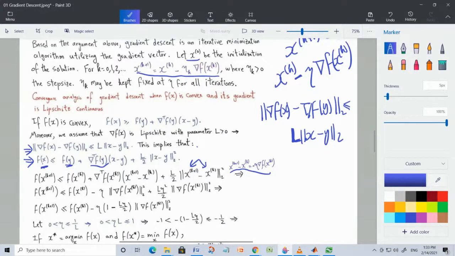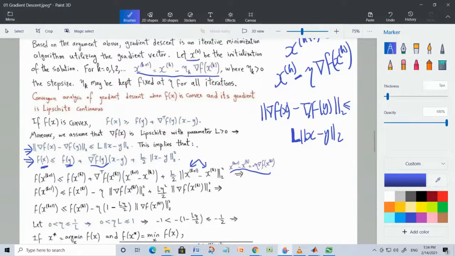Eta must definitely be positive, else you are stuck in your place. If your function has a gradient vector that is Lipschitz continuous, to guarantee convergence you need eta to be 1 over L, a small step.